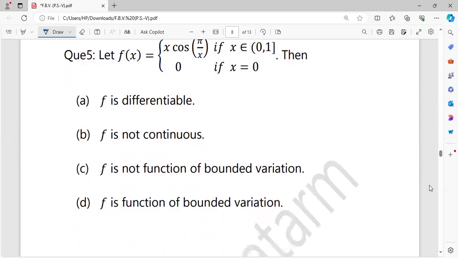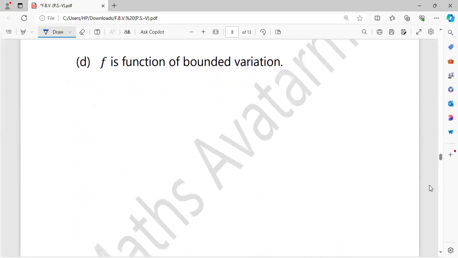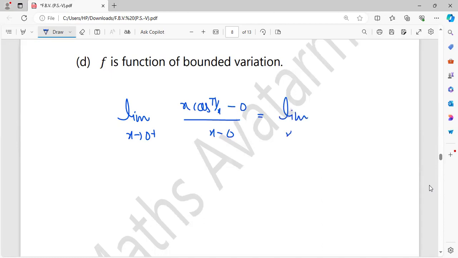You can check: limit as x tends to 0 plus of (x cos(pi upon x) minus 0) upon (x minus 0) is the limit of cos pi upon x. So the limit does not exist.